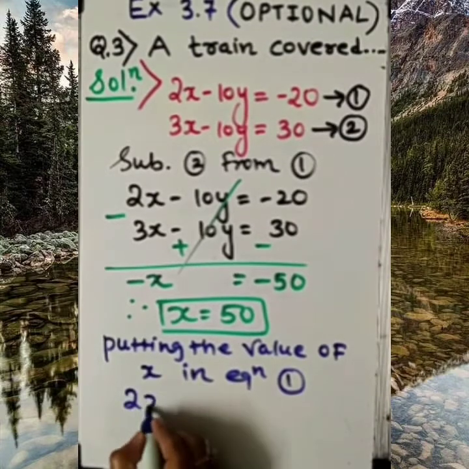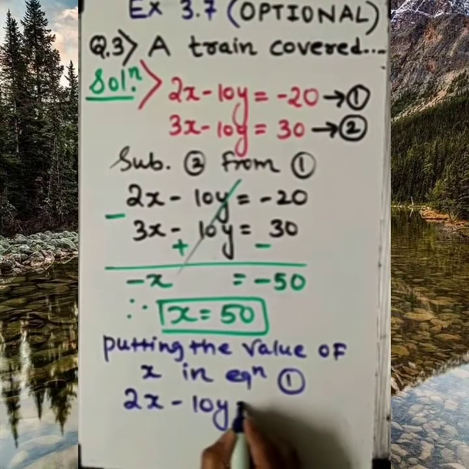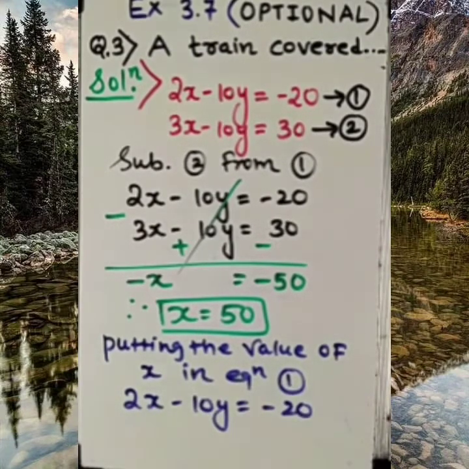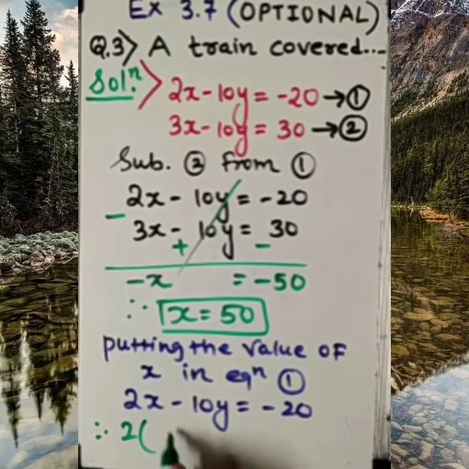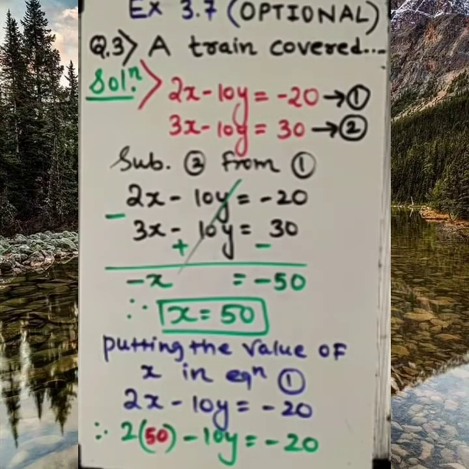What is our equation? 2x minus 10y equal to minus 20. So here, in place of x, I am writing 50. Clear to you? Let's see the simplification in the next step.